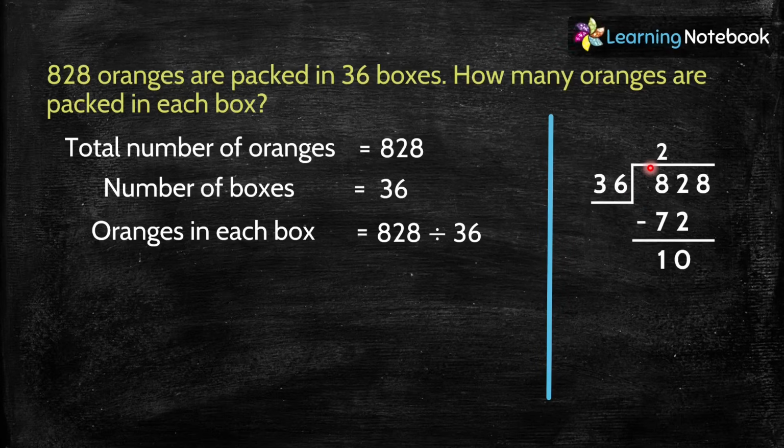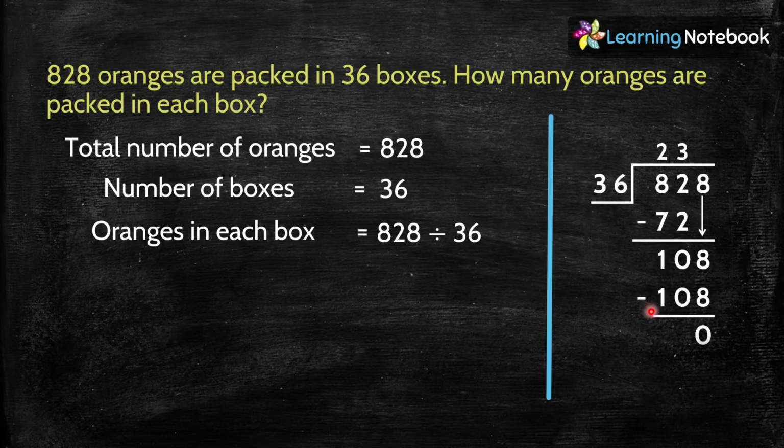36 multiplied by 2 equals 72 and 82 minus 72 equals 10. Copy the last digit 8. So now we have to divide 108 by 36. Students, 108 is slightly bigger than 72. So let's try 36 multiplied by 3.